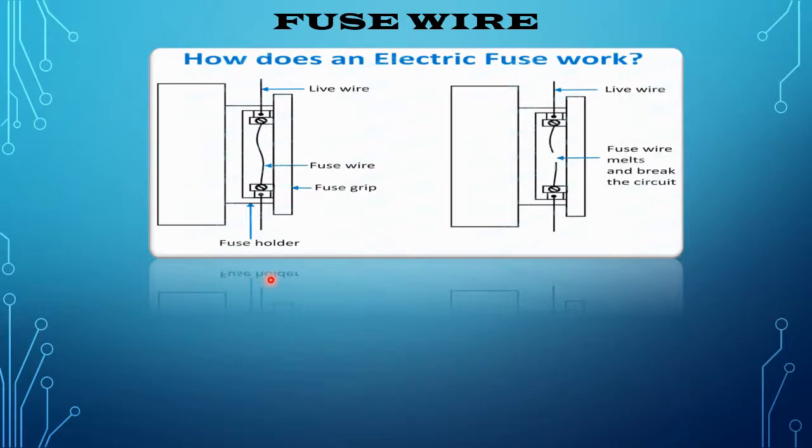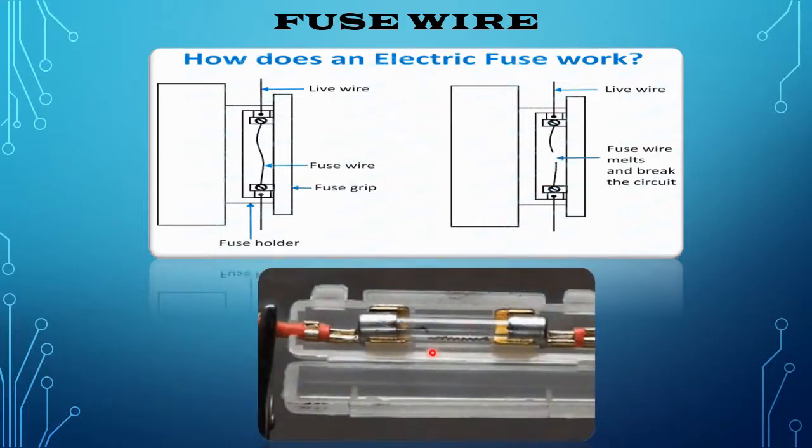When a high current flows through the electric circuit due to short circuit or overloading, the fuse wire heats up and melts, as you can see here in the picture. In this way, the circuit gets broken and the current stops flowing, thereby saving the electric circuits and appliances from any damages.